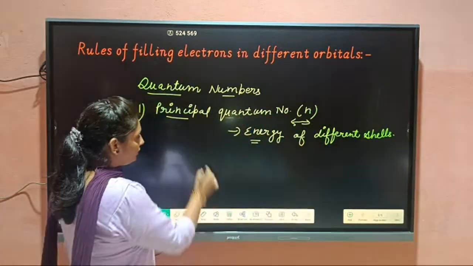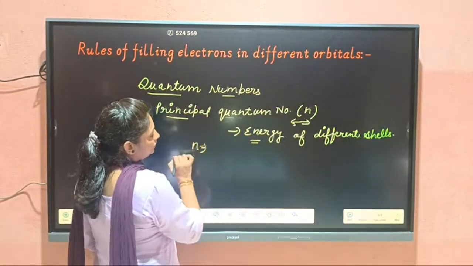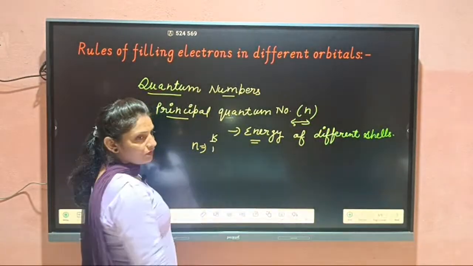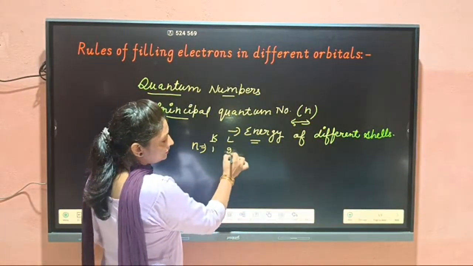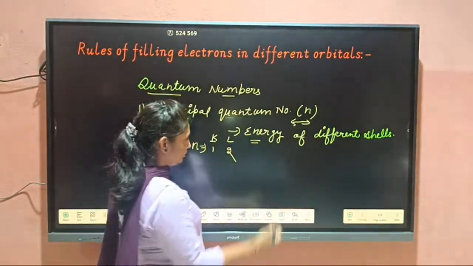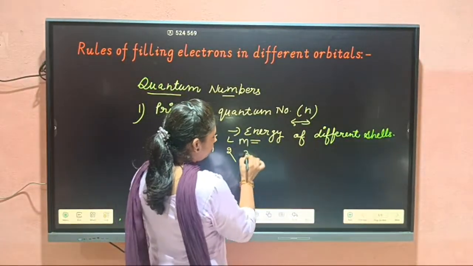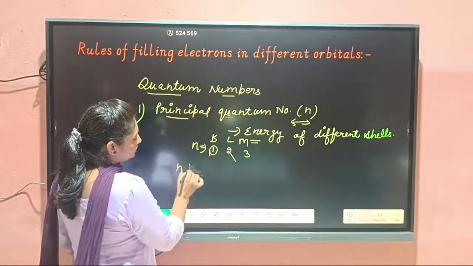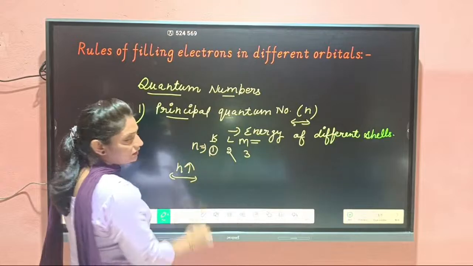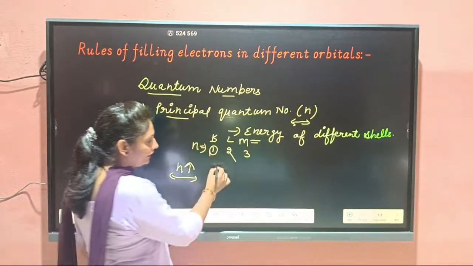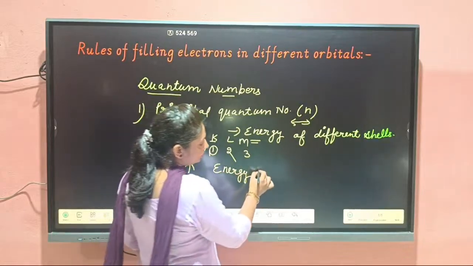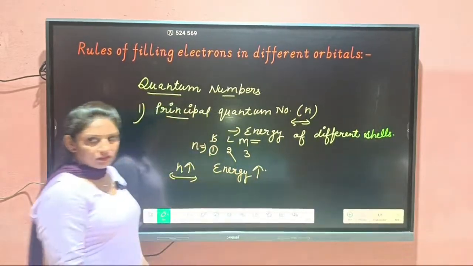What is the value of n for K shell? It is 1. For L, it is 2. For M, it is 3. If the value of n increases, then energy also increases.